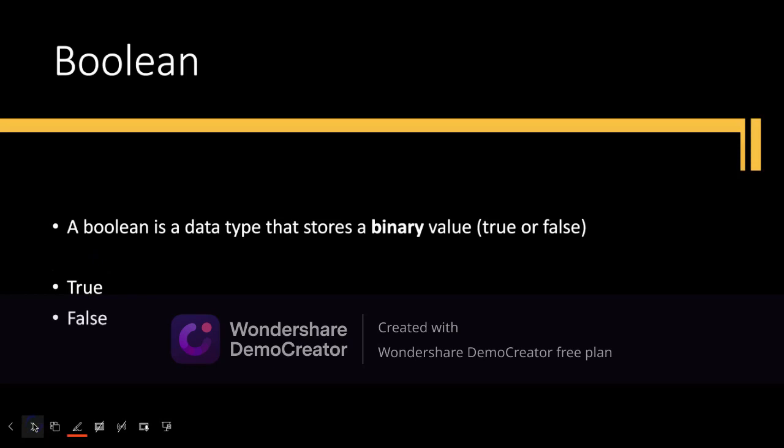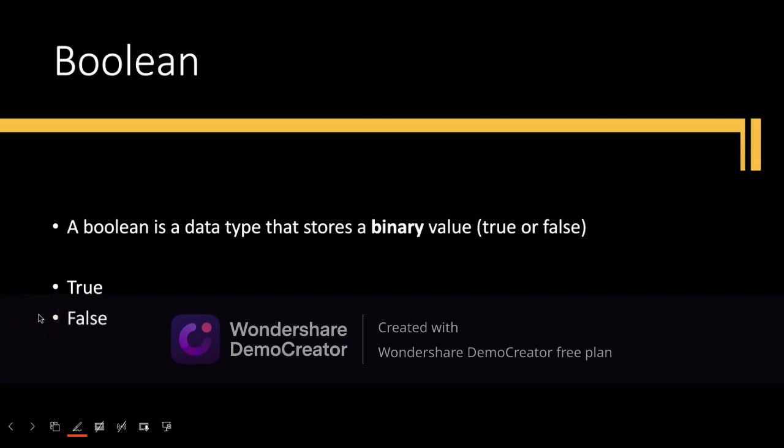Alright, the final one is a Boolean. A Boolean is a data type that stores a binary value, which is either true or false. If you're not familiar with the term, binary essentially means one or the other: 0, 1, off or on. There are two options and it can be either one of two things.